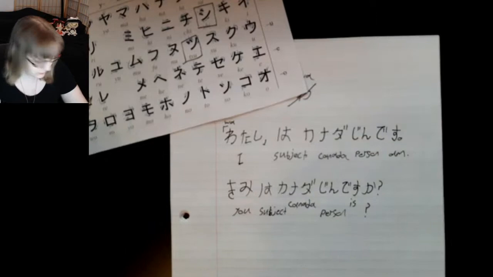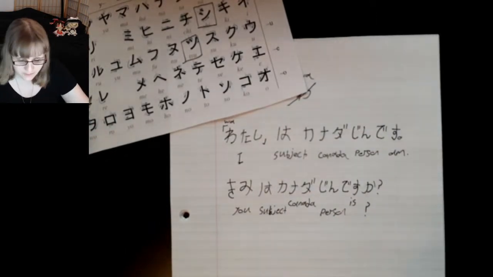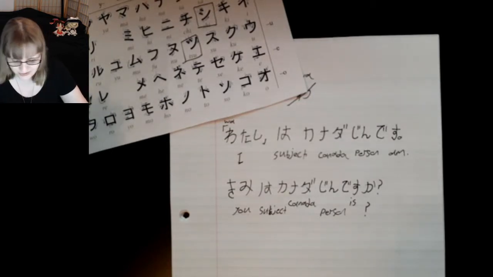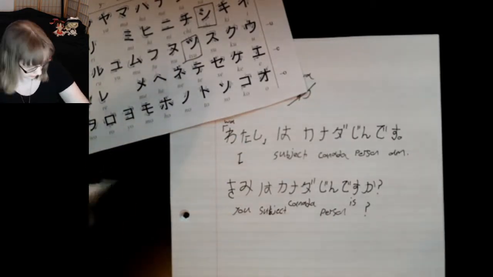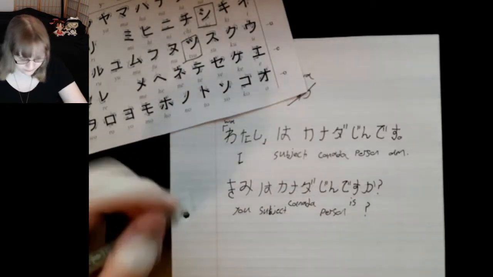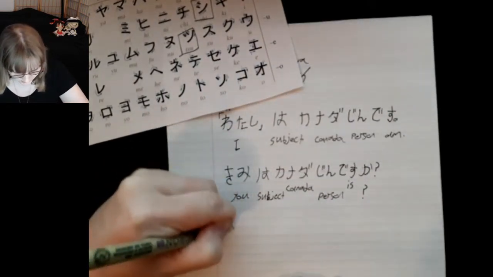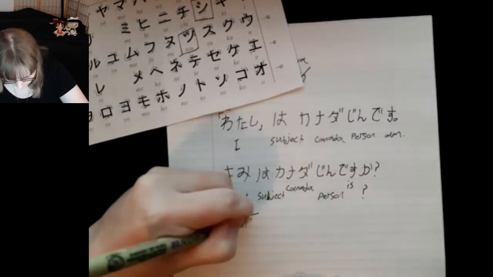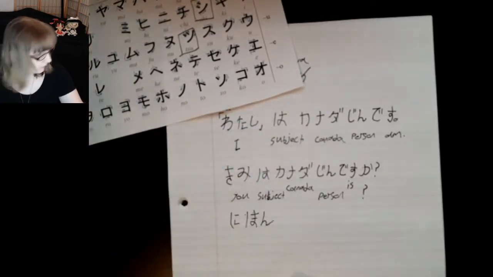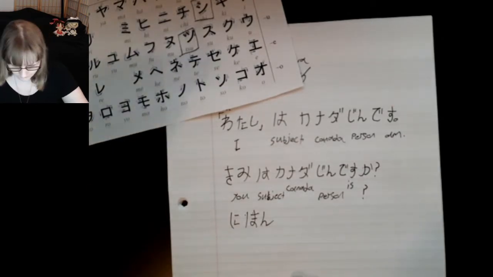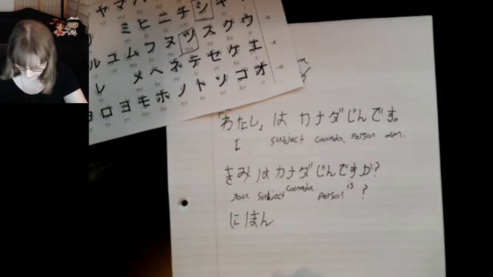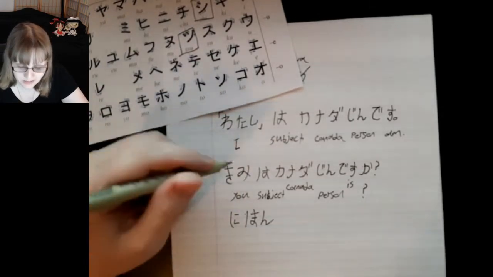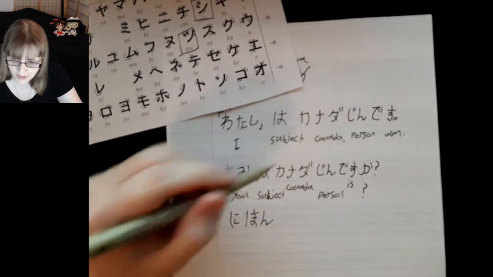Now, when it comes to other countries, how Japanese refer to Japan is not with Japan-jin desu. It's with Nihon. Nihon is the word for Japan in Japanese. So, if you wanted to ask a person if they were Japanese, you would say, Kimi wa Nihon-jin desu ka?